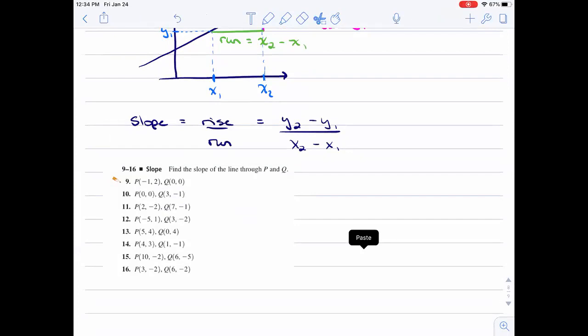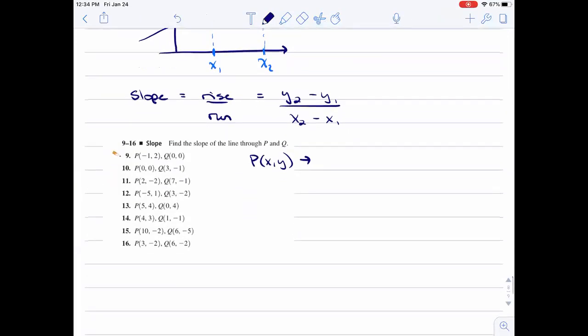And so here, P(x, y) says P is the point at x, y. So we could draw these on a graph and actually look at the rise over run.